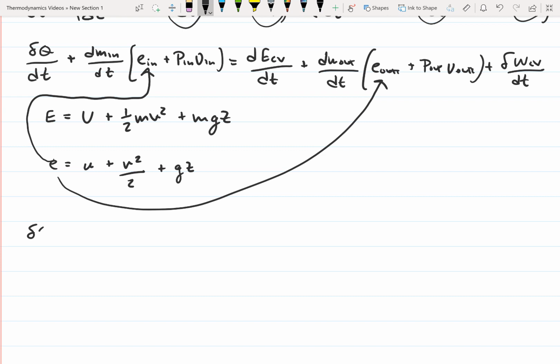dQ/dt plus the mass in with time, and then this is going to be u in plus V in squared over 2 plus gz in.